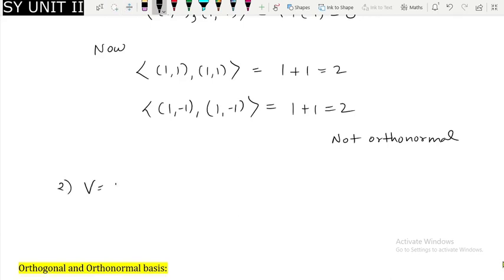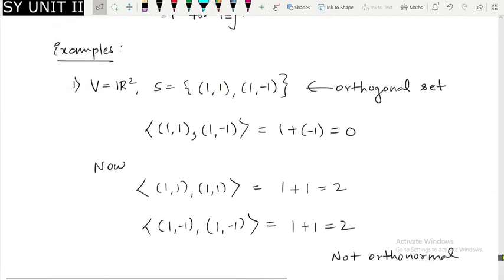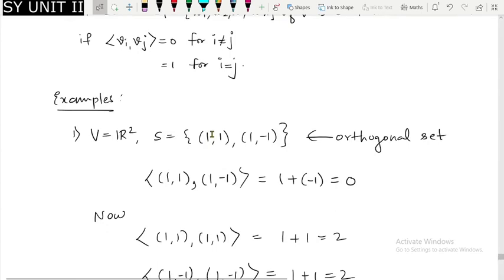Okay, now let me take another example, the second one. I will keep my vector space to be R2 only, and I will take my S to be (1/root 2, -1/root 2) and (1/root 2, 1/root 2). Simply what I have done is I have divided the vectors by their norm, that's it. So the first vector was (1, 1), right? If we calculate the norm, you will get it to be root 2.